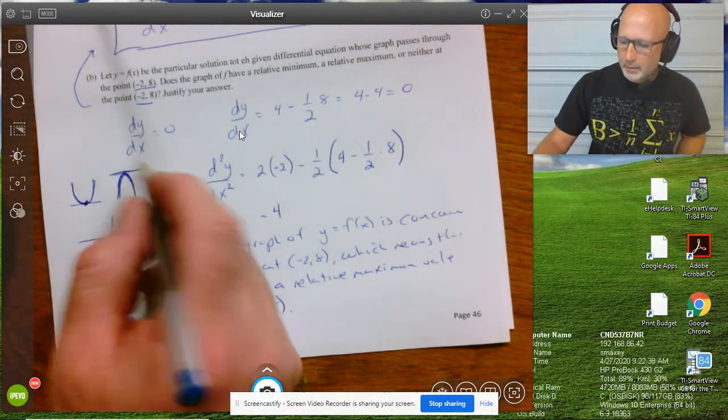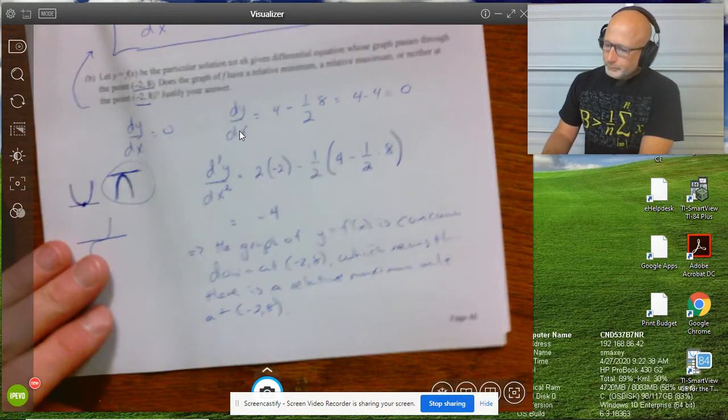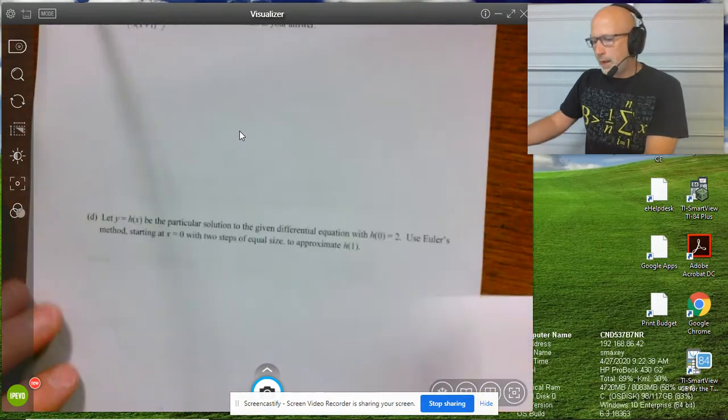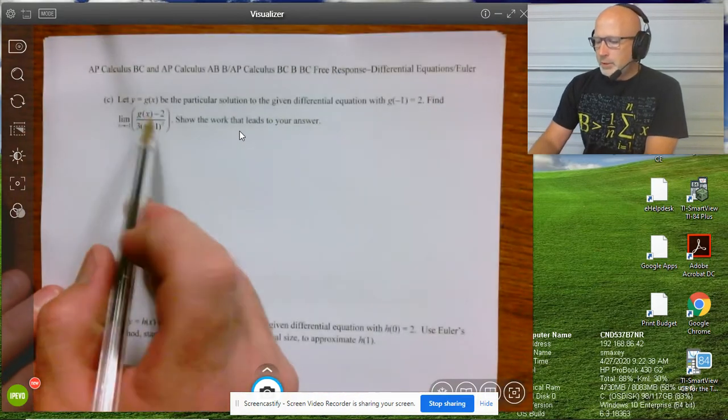Okay? It's concave down, and the first derivative is equal to 0, so we're right here. Okay? The justified answer. Okay, next.